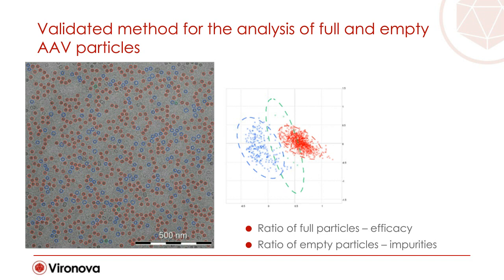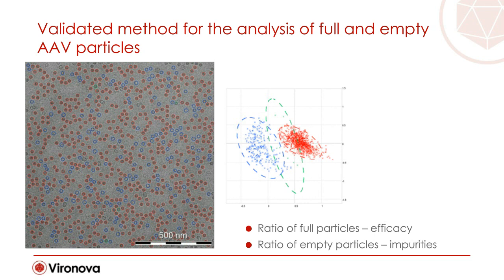This is because you can't be sure that the standard particle and your virus particle have the same affinity towards the grid. It might be that they do, and then it will work perfectly well. If they do not have the same affinity towards the grid, you might end up comparing apples and pears and actually not have a clue that you do so.